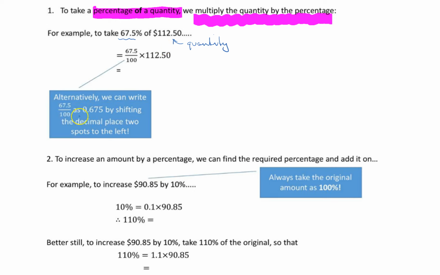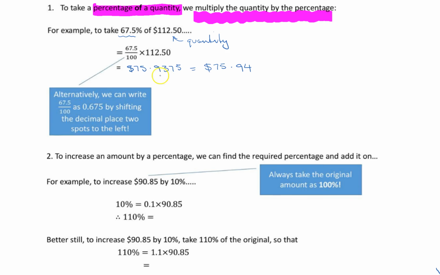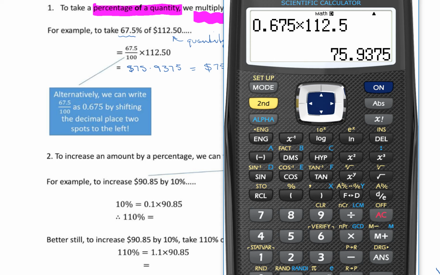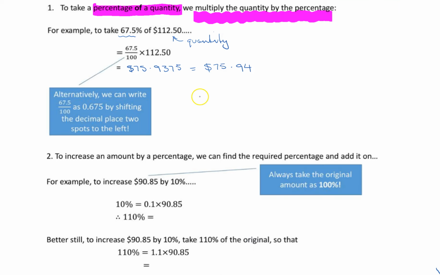You could write it, as I've suggested here, by moving the decimal point back 2 places and writing it as 0.675. Multiply by 112.5, and doing that calculation, 0.675 times 112.5 is 75.9375, and we would round that to 2dp.